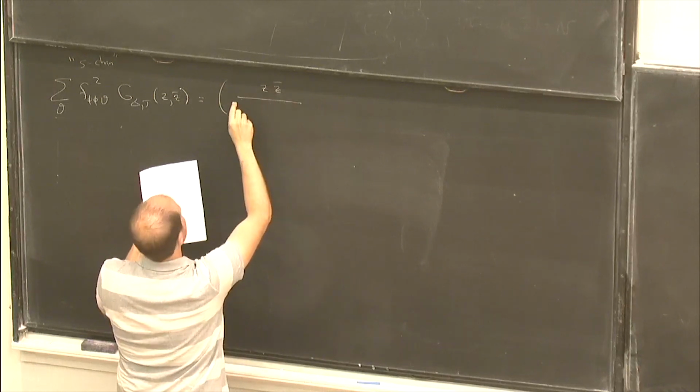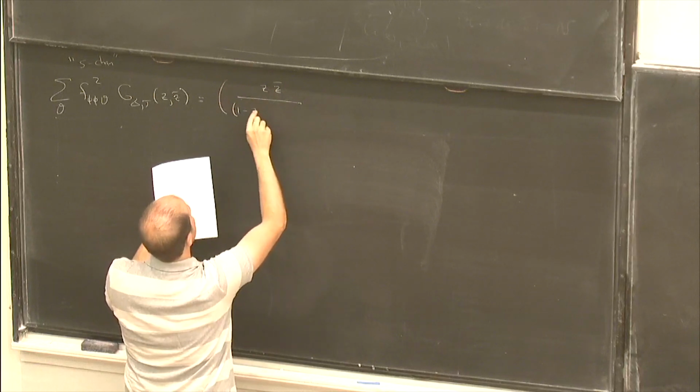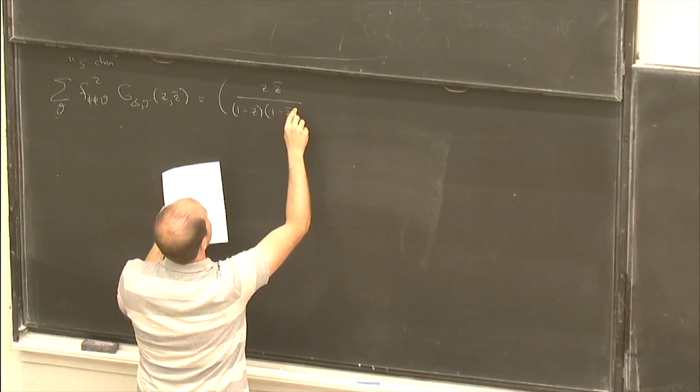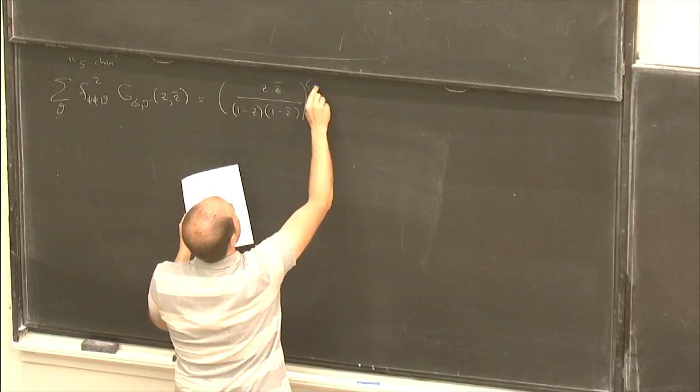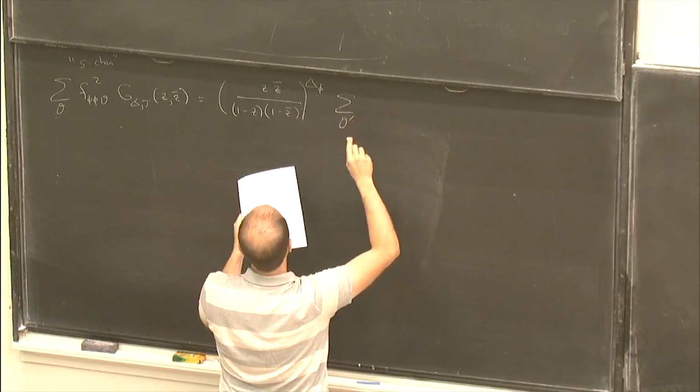And this prefactor comes from the dimensionful factors up there. We have this factor of 1 minus z bar, all to the delta phi, and then times a sum over conformal blocks in the T-channel.